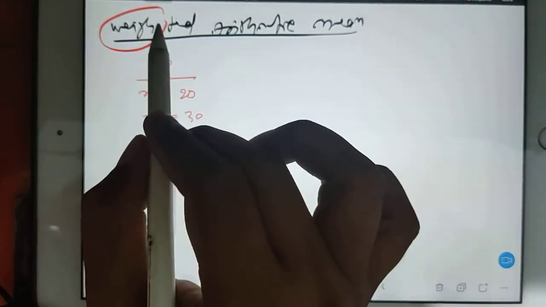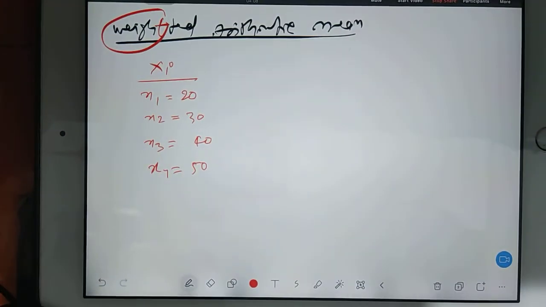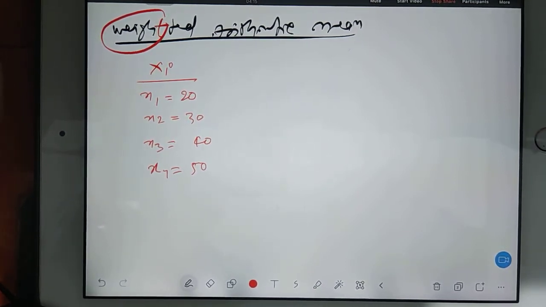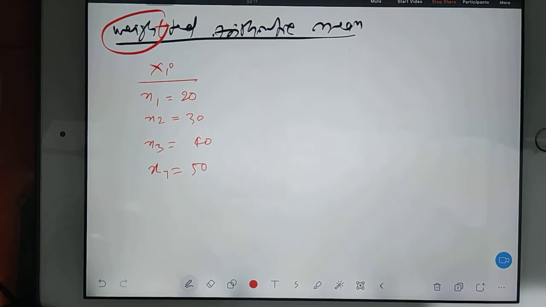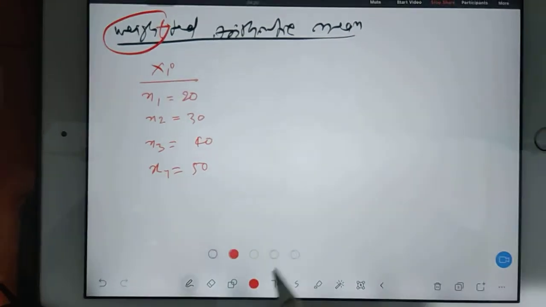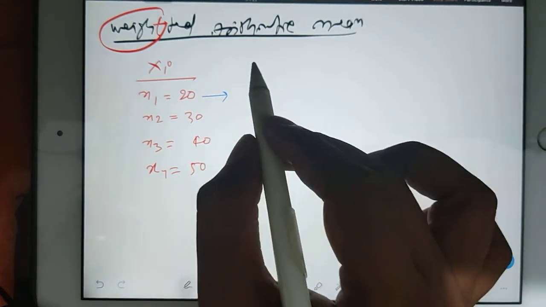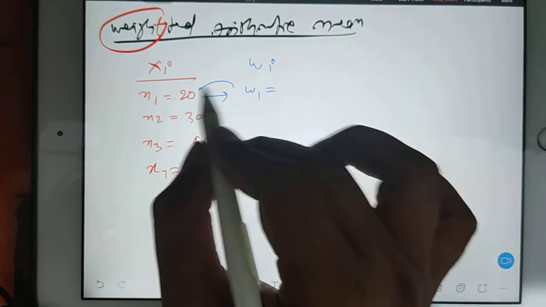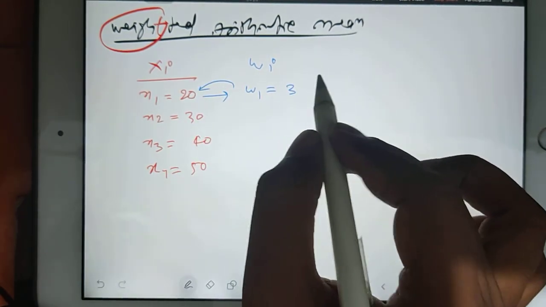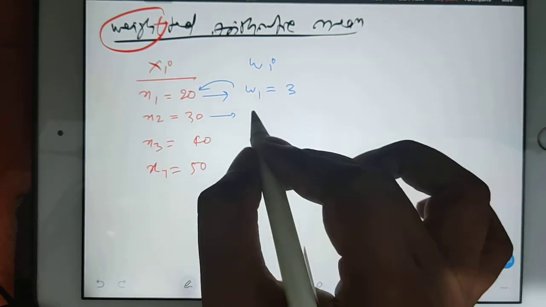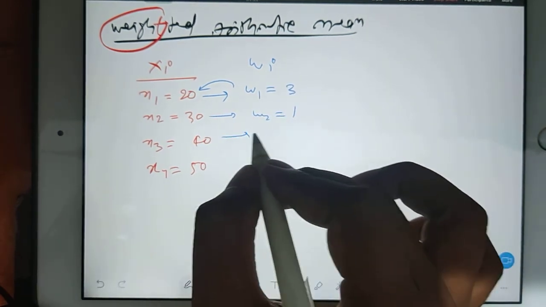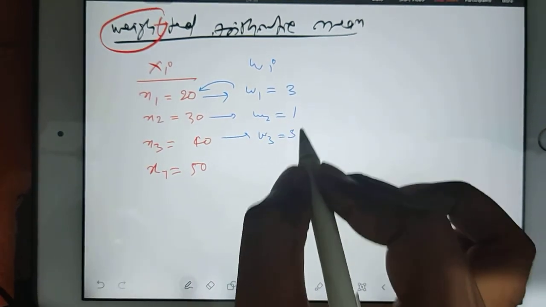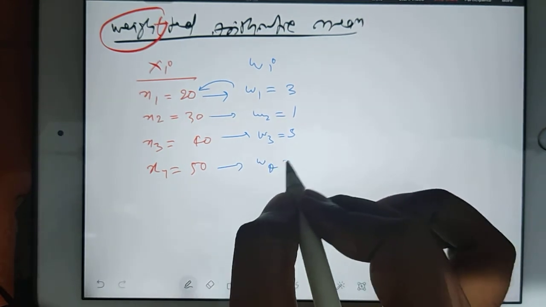So now whatever values we have, x1, x2, x3, for every value their own weights are given. Suppose I write W here. So W1 is related to this 20 and that is given as 3. Related to 30, W2 is given as 1. Here W3 is given as 5. And here W4 is given as 1.